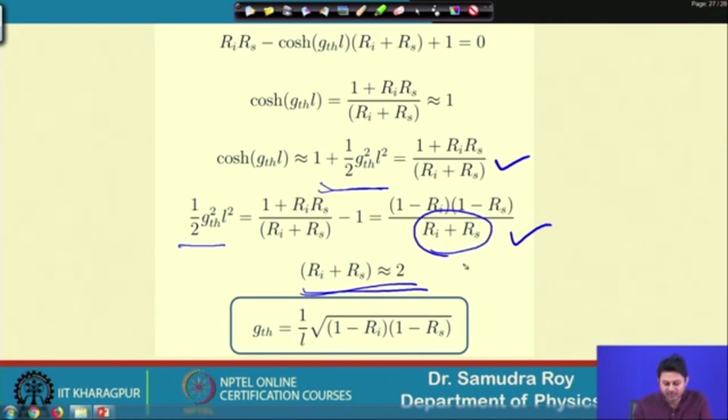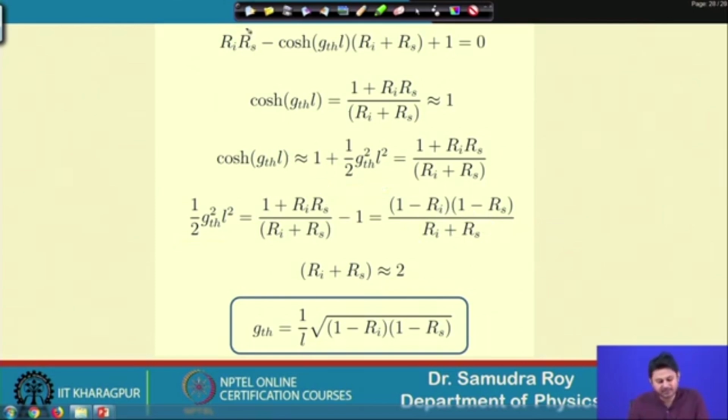If I make this approximation, this 2 and this 2 will cancel out, so g threshold simply becomes 1 by L times the root of whatever quantity we have. Finally, we have an expression for the g threshold for the doubly resonant oscillator, in terms of RI and RS, the reflectivities of the mirror for the signal and idler.